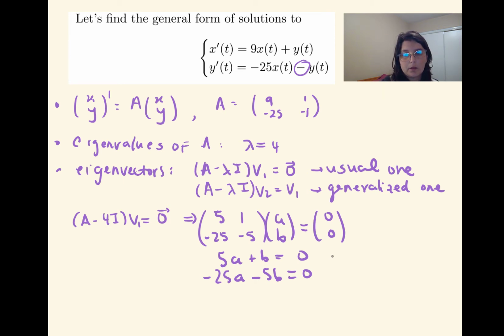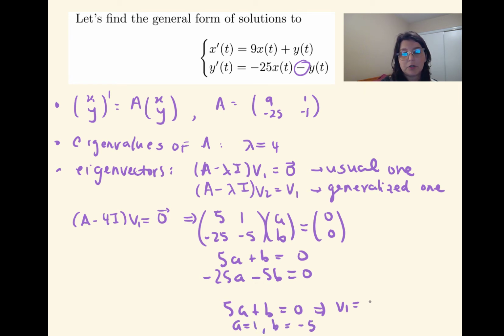Those equations are the same equation, except that the second equation is minus 5 times the first one. So we really have one equation only. That tells us we can make the choice v1 equals, say if a is 1, b would have to be minus 5.